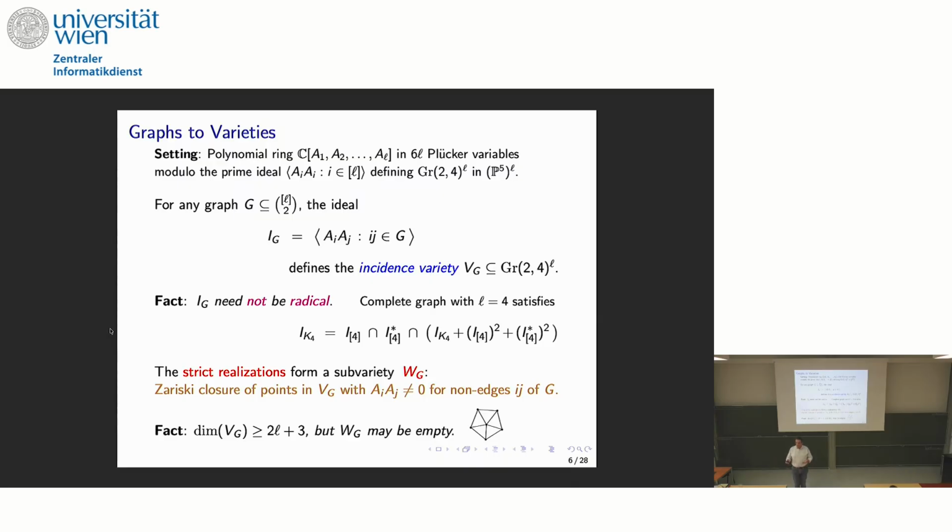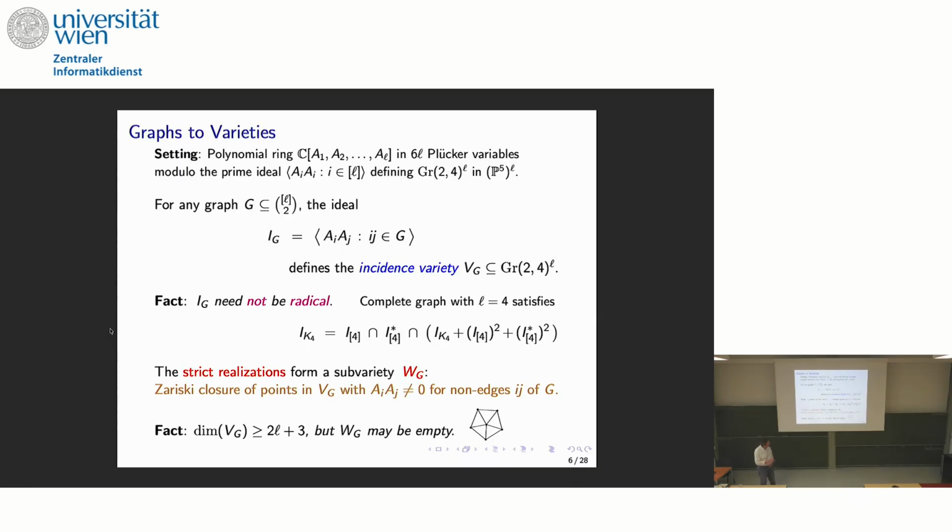I have 4 concurrent lines. That's 2L plus 3 dimensional, and every V_G contains the V for the complete graph. So therefore, every V_G, no matter what the graph is, is non-empty and has fairly large dimension, but W_G might be empty, okay? So it's an incidence theorem.